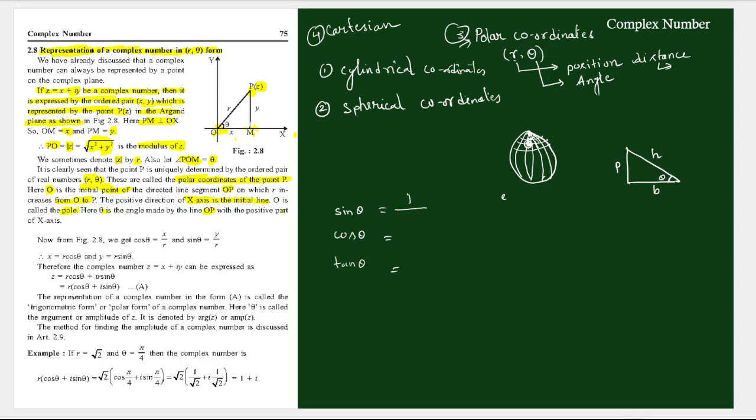Sine theta is perpendicular by hypotenuse. Cos theta is base by hypotenuse, and tan theta is perpendicular by base. Then the inverse of tan is cot theta, so it will be b by p.